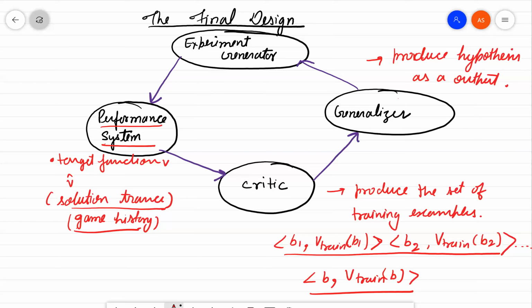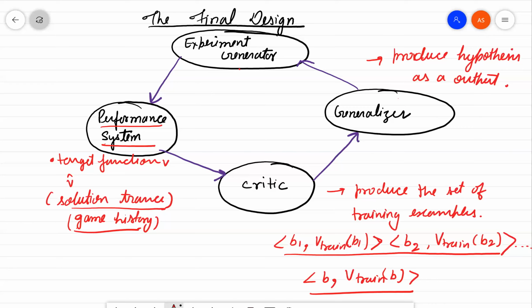All this we have discussed in the previous classes, and now the experiment generator will take this current hypothesis as an input, and it produces a new problem as an output. The experiment generator will take the hypothesis produced by the generalizer as an input, and it will produce the initial board state for the new problem, and this will be given to the performance system as an input.